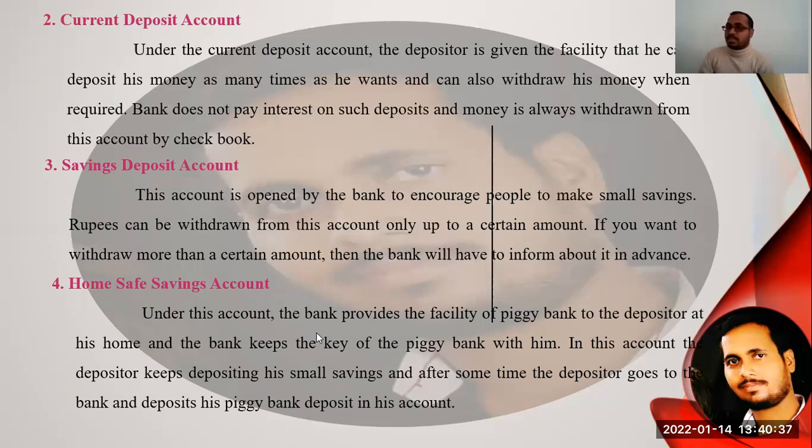Because if customers have 2 rupees, 3 rupees, 5 rupees, they should not have to go regularly to the bank to deposit their money. So for this purpose, in this type of savings, the banks provide a piggy bank to their customers, and the customer keeps putting money in that bucket or pot. After a period, when the customer thinks they have enough money in their piggy bank, they go to the bank, open the piggy bank, and deposit the money in their account.